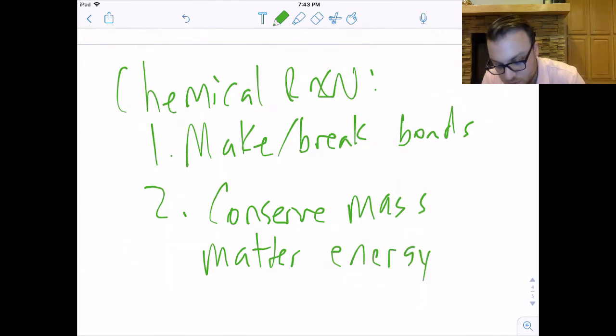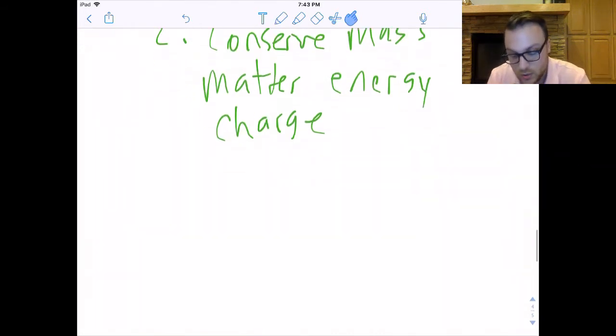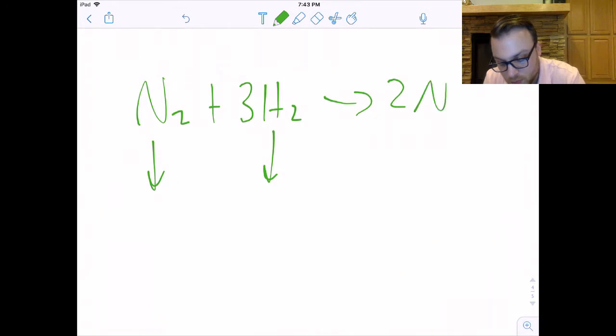All that means is what goes into a chemical reaction must be the same types of atoms that come out of a chemical reaction. They're not going to be the same thing. So N2 is not the same as ammonia. These are all different substances.